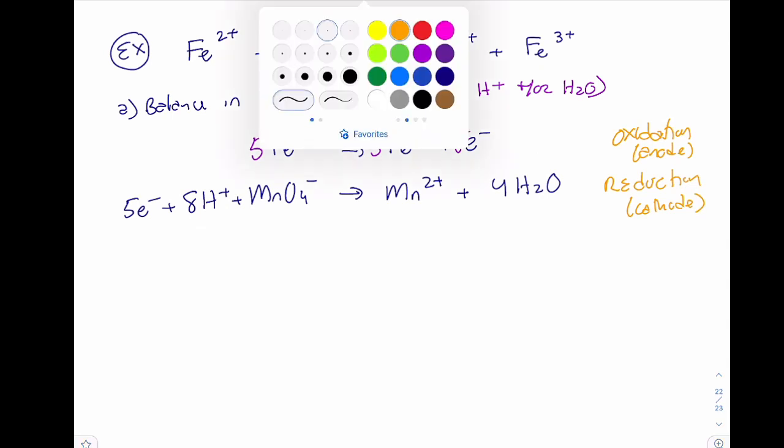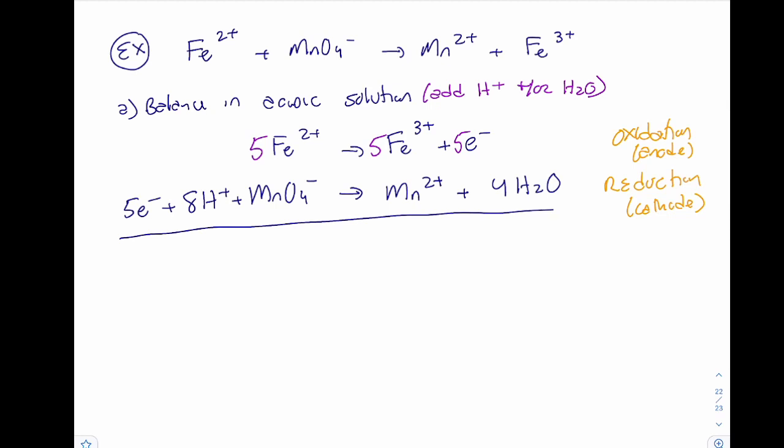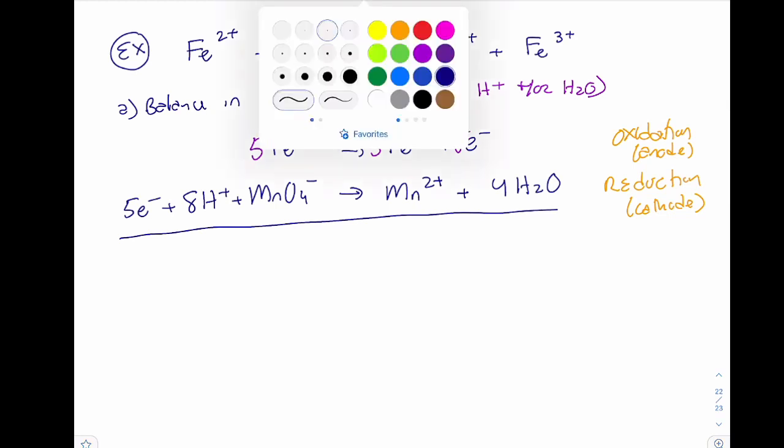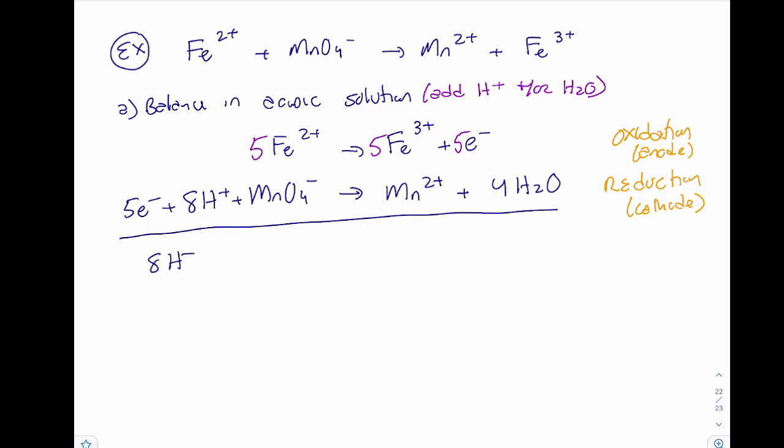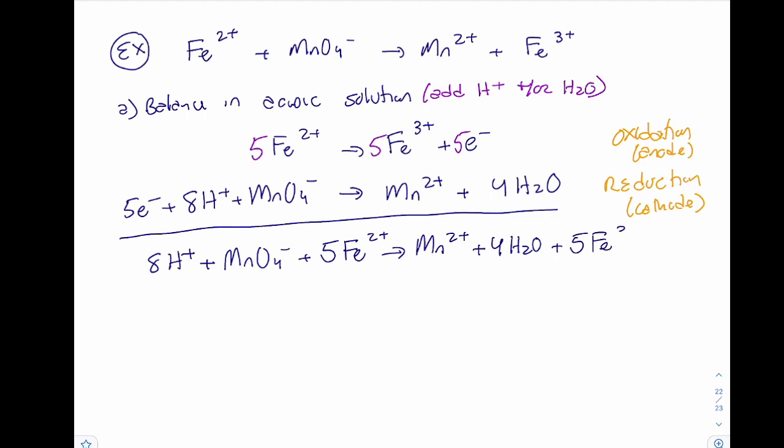So adding these together to get my balanced equation, my 5 electrons are going to cancel, and I'm going to have 8 protons plus MnO4 minus plus 5 iron 2 plus going to Mn2 plus, 4 water, plus 5 iron 3 plus. So that would be my balanced equation for this reaction.